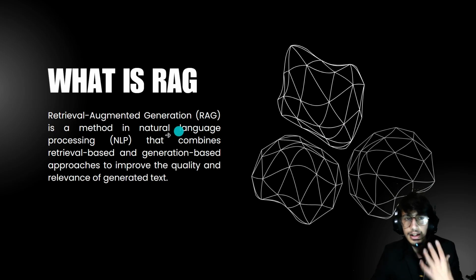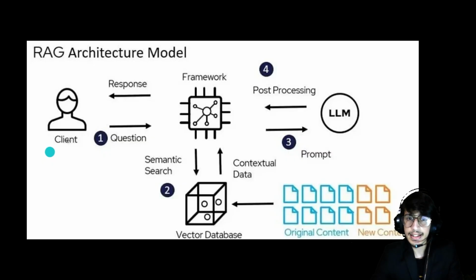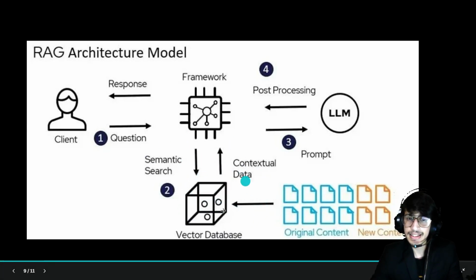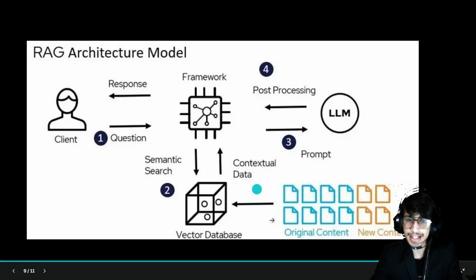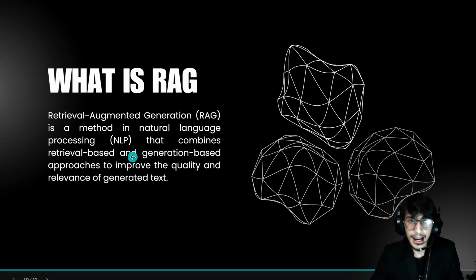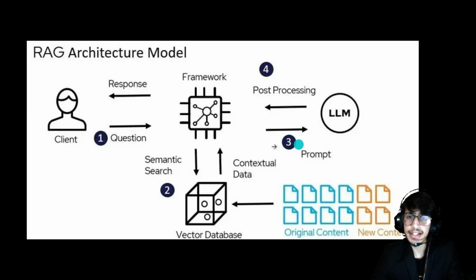Now let's go through the definition again. Retrieval Augmented Generation, RAG, is a method in natural language processing, or NLP, that combines retrieval-based, meaning the vector database giving the data to the framework, the framework retrieving data from the vector database, and generation-based, the LLM generating the answer to the queries.